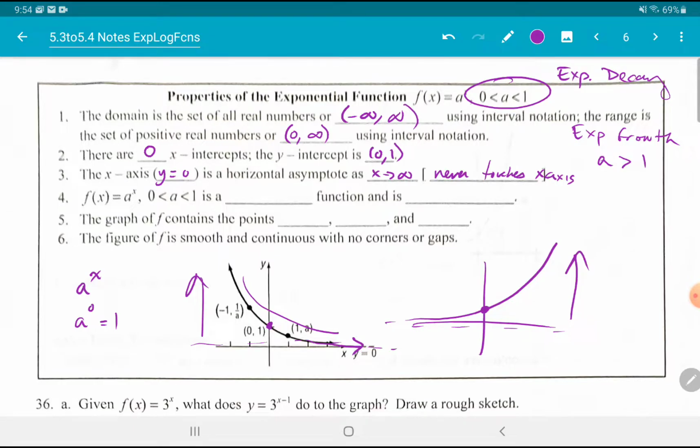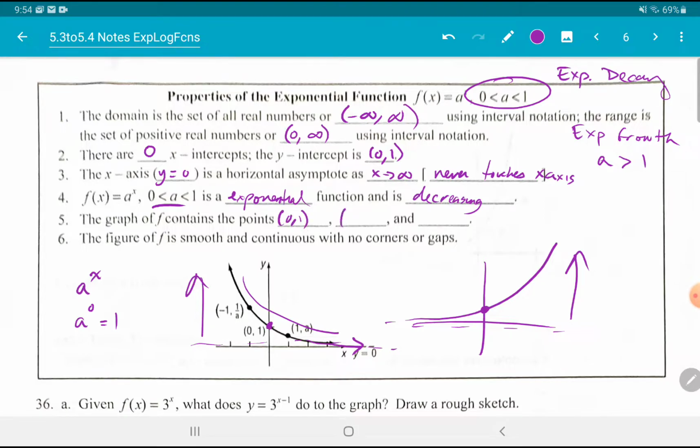Number 4, f of x equals a to the x. Again, we're talking about exponential decay. A is a value between 0 and 1, is an exponential function and is decaying, or decreasing. Let's call it decreasing. The graph of f contains the points, let's see, what do we have? We definitely have the point 0, 1.